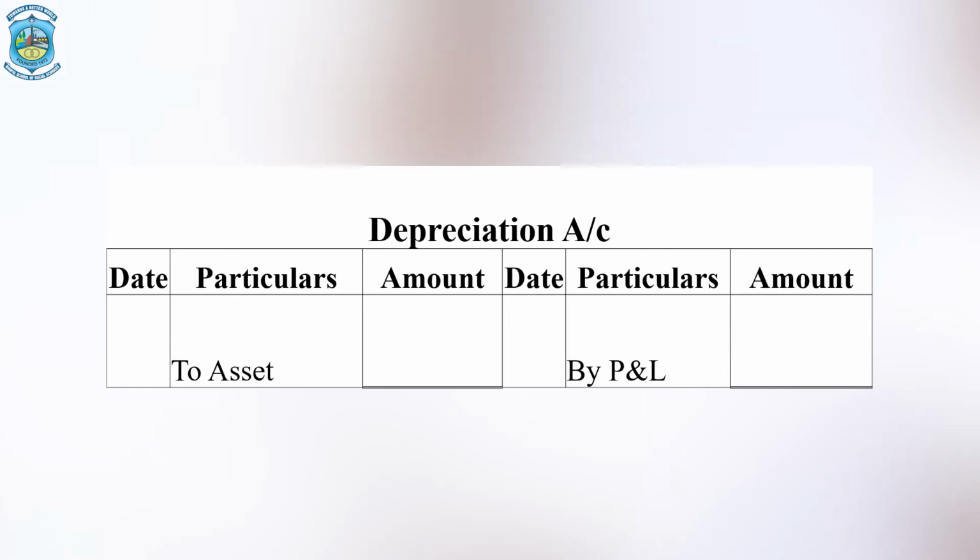The same procedure would be followed for the depreciation account as well. That is, the depreciation would be charged in the debit side of the depreciation as to asset, and the amount of depreciation would be transferred to the profit and loss account at the end of the year. Now, the good news is these two accounts are to be prepared in the same manner, whether it is asset accrual method or credit purchase method.